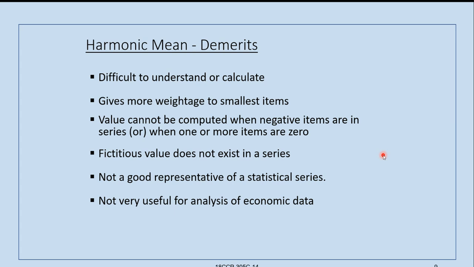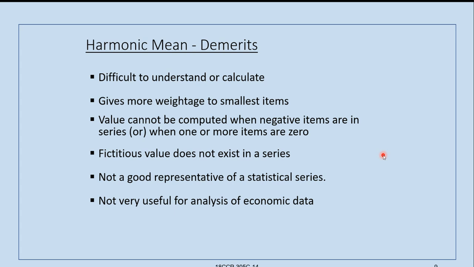Value cannot be computed when negative items are in the series or when one or more items are zero. Again, zero should not be there, because if we take zero, zero by anything is zero or infinity. So we cannot calculate the harmonic mean.